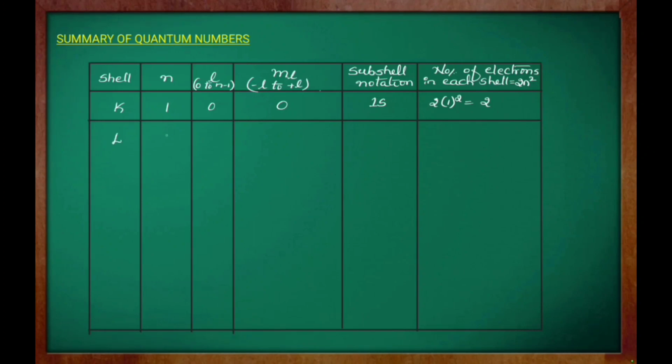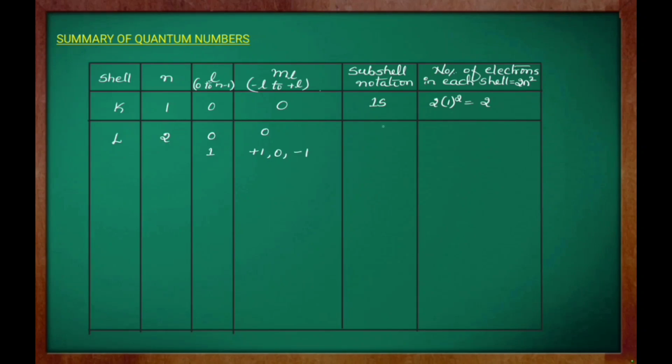L shell corresponding n value is 2. So the L can take values 0 and 1. Corresponding ML value is 0, plus 1, 0 and minus 1.